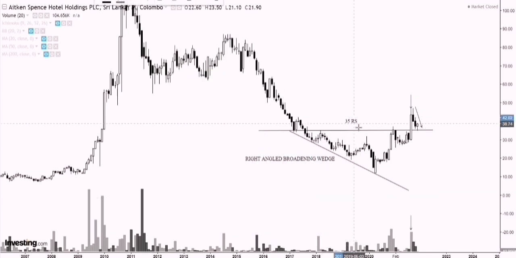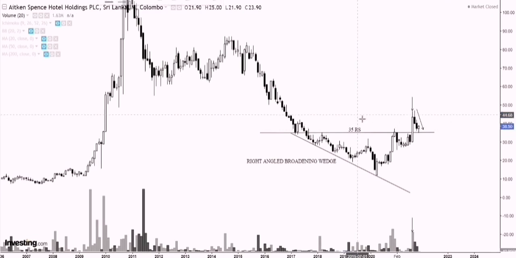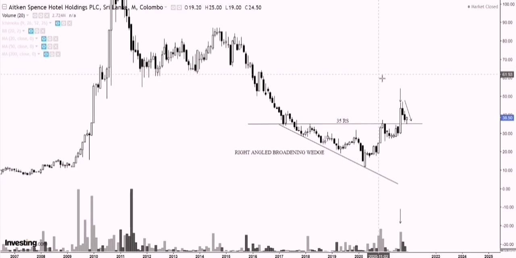So now let's quickly explain how to place a stop here. Again, remember I told you that we need to focus on which time frame we are looking at. As of now, we are looking at the monthly chart. So if prices do break below 35 rupees, can we just say that that is where we stop out? No, because on the monthly chart we need to wait for a monthly close.